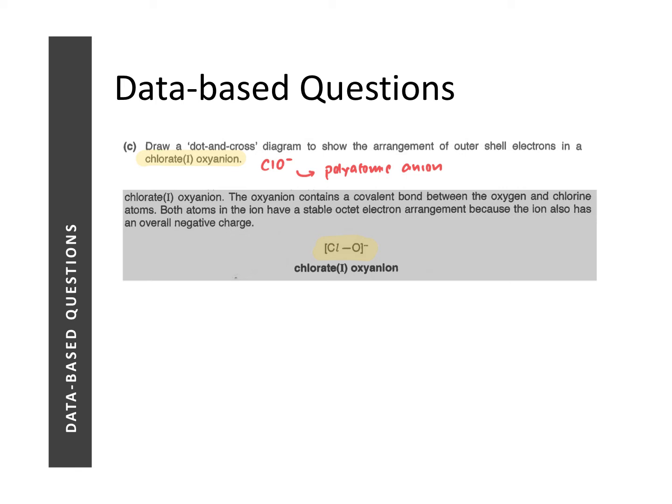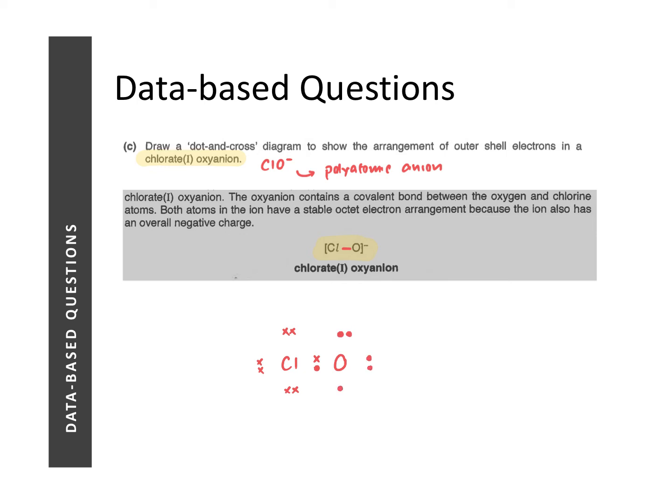So we have a chlorine atom that's sharing electrons with an oxygen atom. And how many electrons are being shared? You can see that there's one line over here. It means that it shares only one electron. Okay, after sharing one electron, chlorine would have 6 electrons remaining, and oxygen would have 5 electrons remaining.